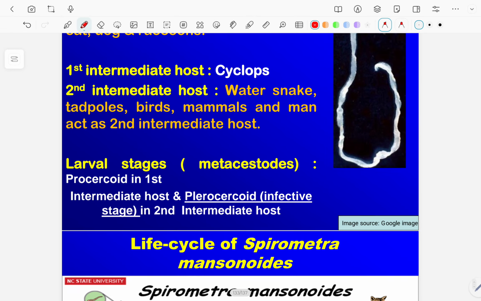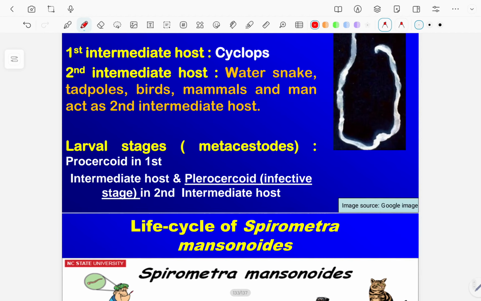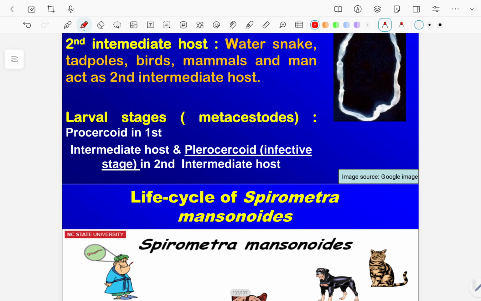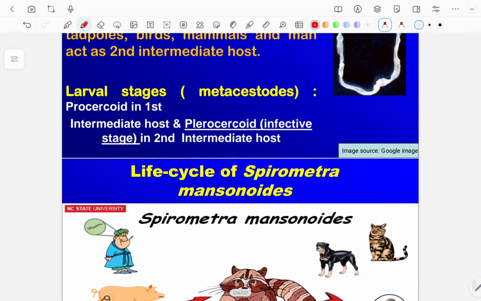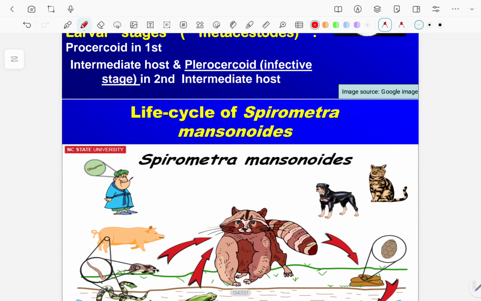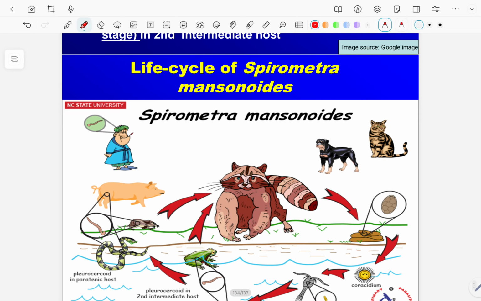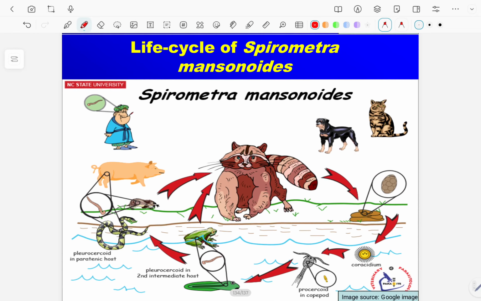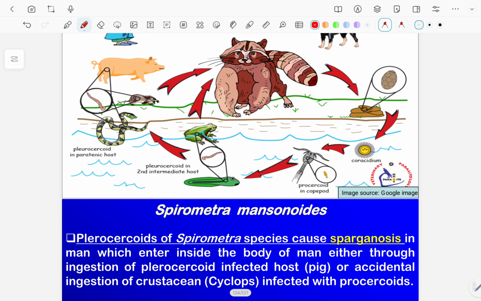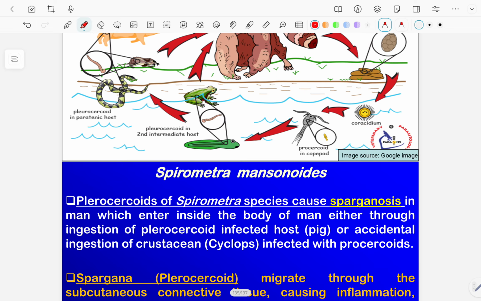Larval stage, metacestodes: procercoid in the first intermediate host, and pleurocercoid, the infective stage, in the second intermediate host. Life cycle of Spirometra mansoni.